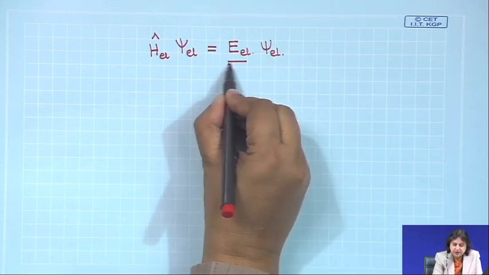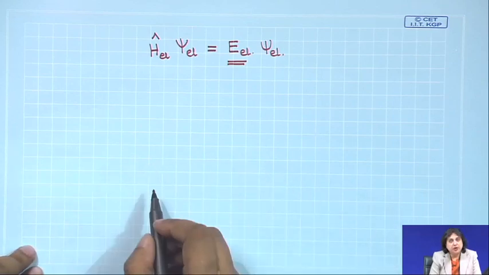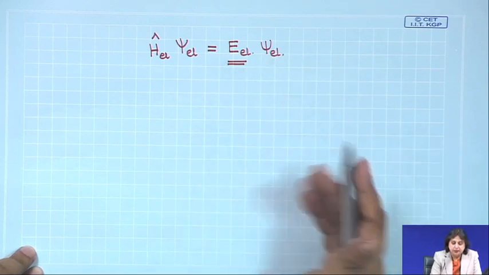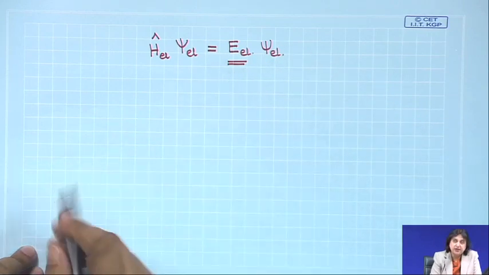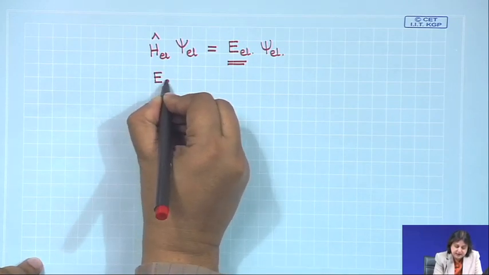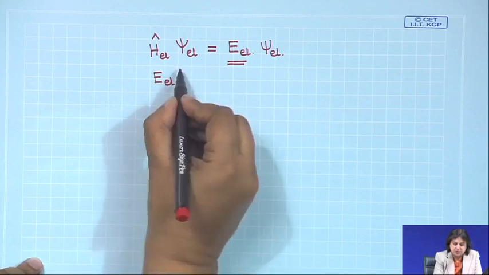So, what is E electronic? These are the energy eigenvalues offered by the solution of the electronic Schrodinger equation. There may be many different discrete values of this energy, and therefore we are going to represent them as E electronic with an index like i or j or k.